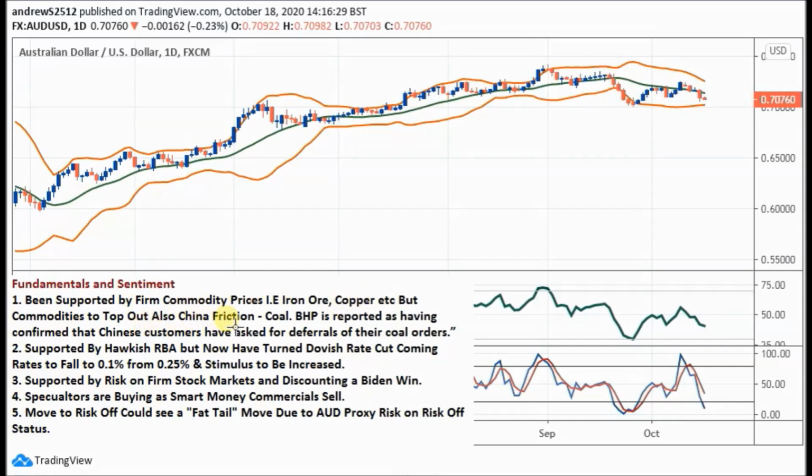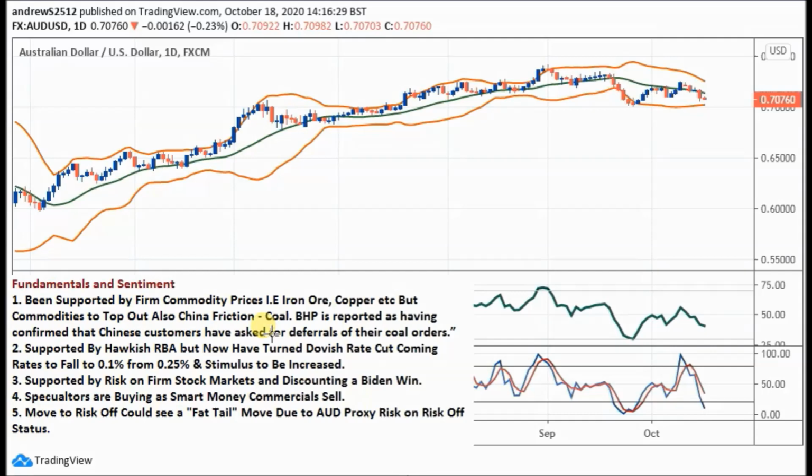Also, you've got friction between Australia and China. Obviously, Australia's major trading partner is China. That's where most of their commodities go. And China isn't happy with Australia at all. And that's coming into play with coal. There was a rumour a week ago that Chinese authorities are telling Chinese customers, just don't buy Australian coal at the moment.